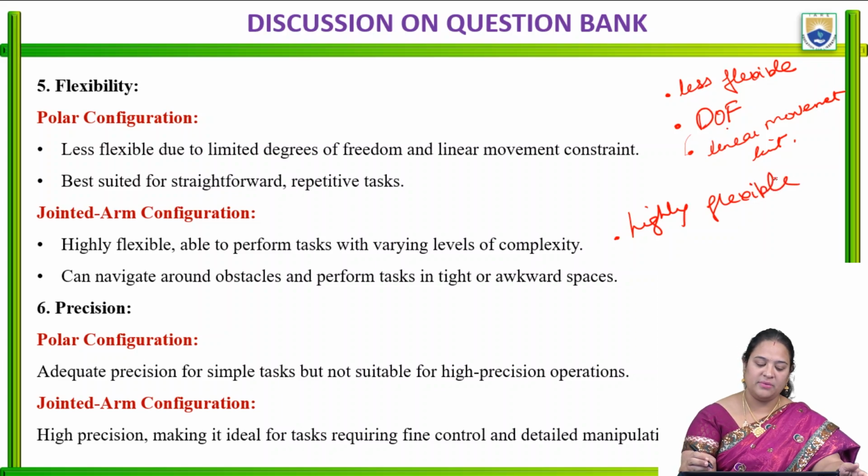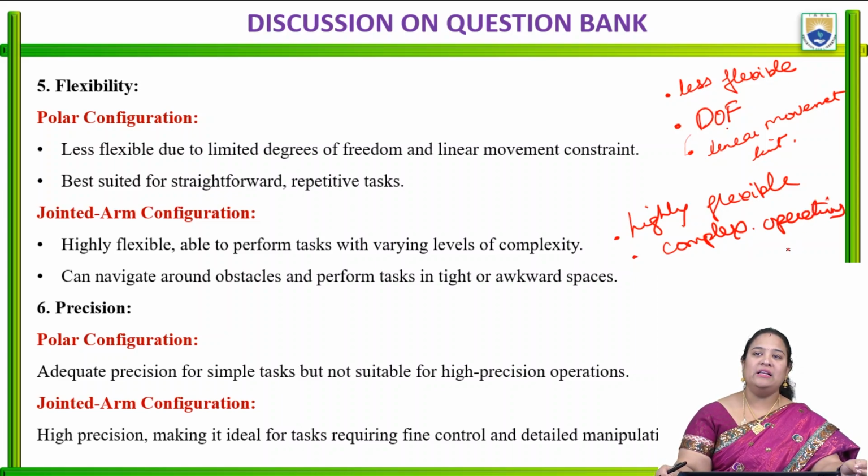The jointed arm is highly flexible and able to perform complex operations. Whereas the polar arm is less flexible, has fewer degrees of freedom, and does not comply with linear movement, the jointed arm is highly flexible and can operate complex operations.